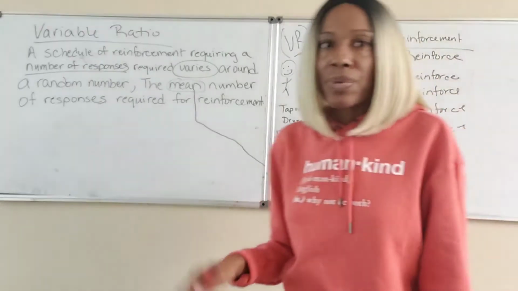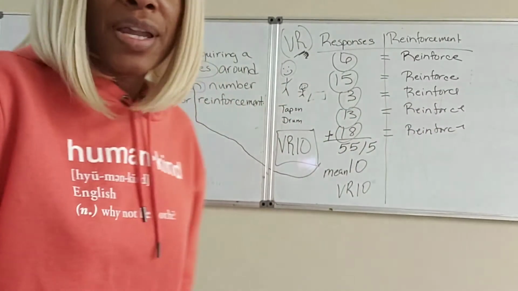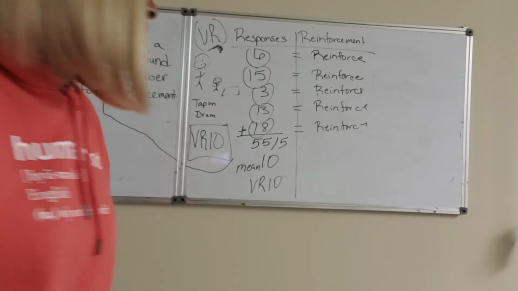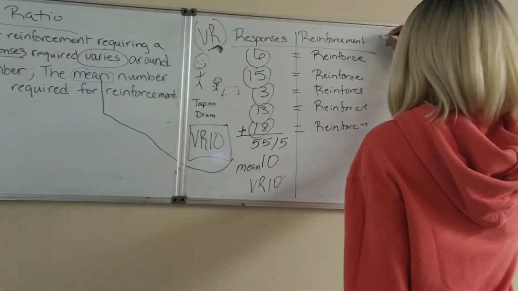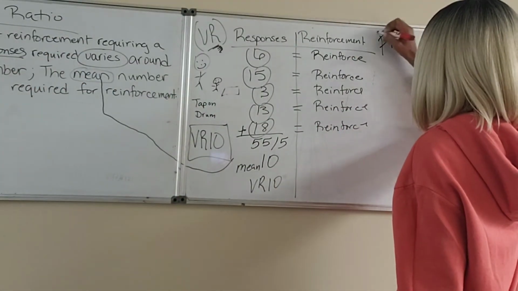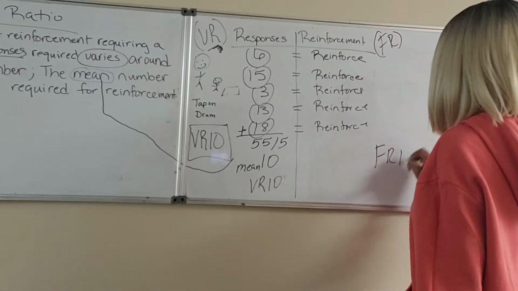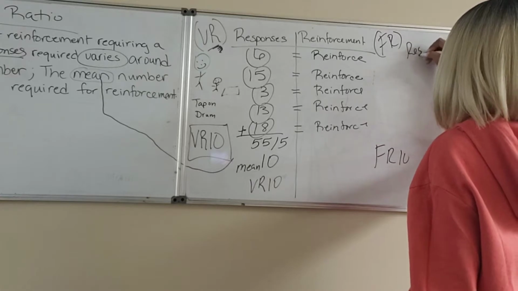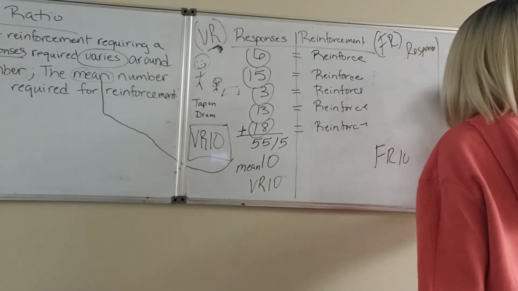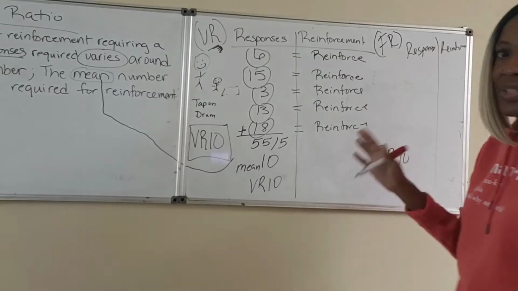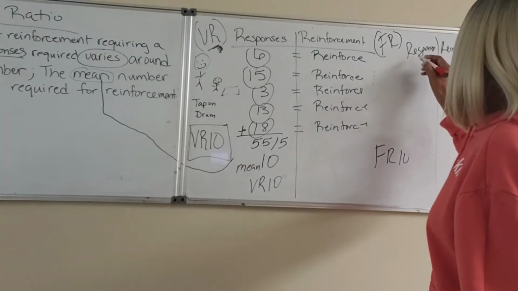Now, what I'm going to do real quick, I usually don't do this, but I am going to compare it to a fixed ratio so that you really understand what I'm talking about. So if I have a fixed ratio and it's a fixed 10, an FR10, and I have my responses and my reinforcement, because sometimes contrast is easier to understand.